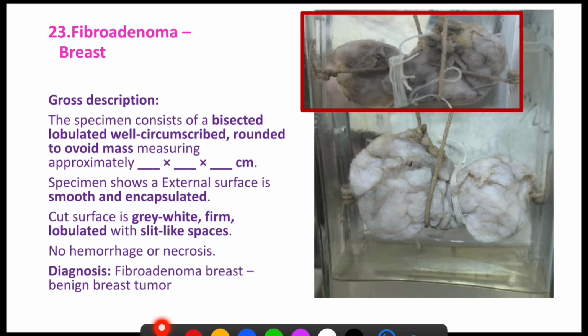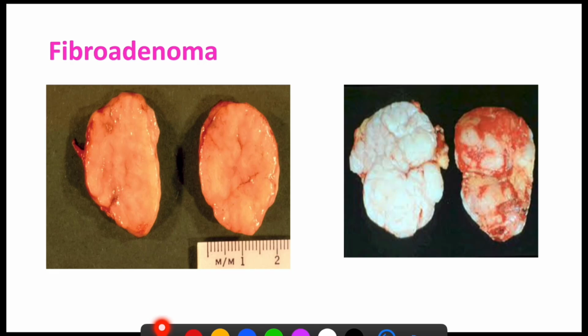Here the gross description: a bisected, lobulated mass, well circumscribed, round to ovoid, measuring this by this, smooth and encapsulated, having some slit-like spaces. You can identify no areas of hemorrhage and necrosis. So the probable diagnosis is fibroadenoma of breast, which is a benign breast tumor.